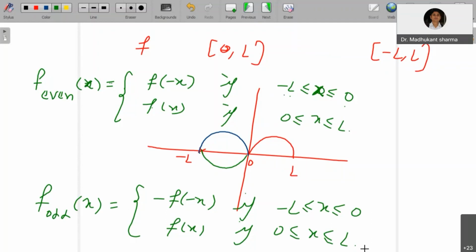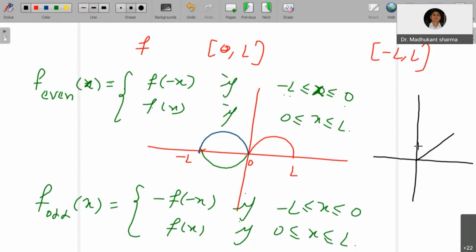You can take the simple example, f of x equals x. So x between 0 to L is this. And between minus L and 0, if you want to have the even extension, you are replacing x by minus x.